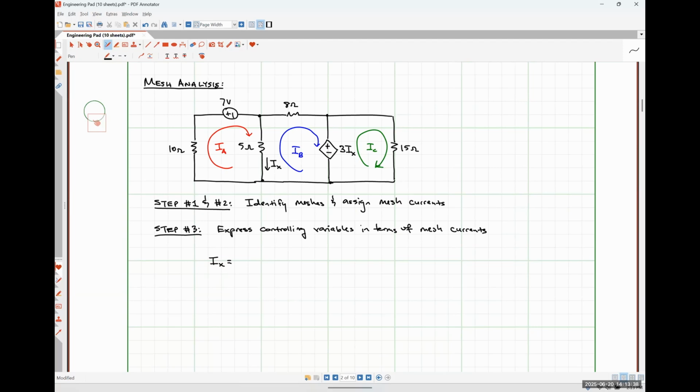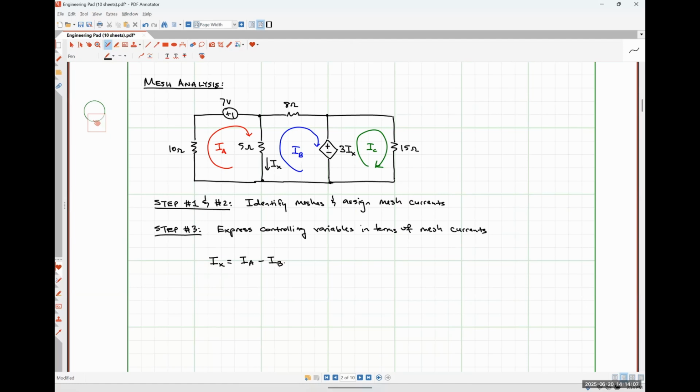So here, as IA flows around its clockwise path, when it hits the 5 ohm resistor, it is flowing down, which is in the same direction as Ix. So we'll have positive IA, and IB, as it flows around its clockwise direction, is going to wind up flowing up through the 5 ohm resistor, which is opposite the direction of Ix. So we'll have minus IB.